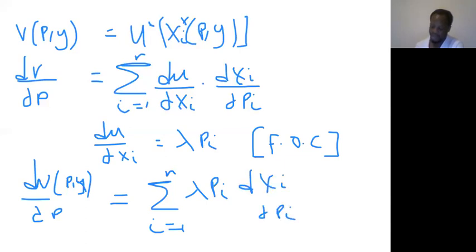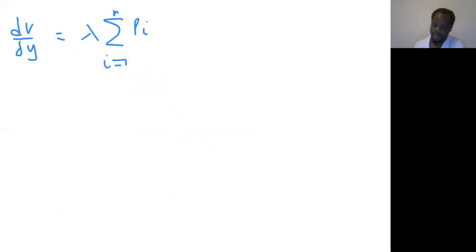I can take the lambda out because it's a constant term, and that will give me dv/dy is equal to lambda times the bracket summation of i equals 1 up to n of pi dxi/dp.